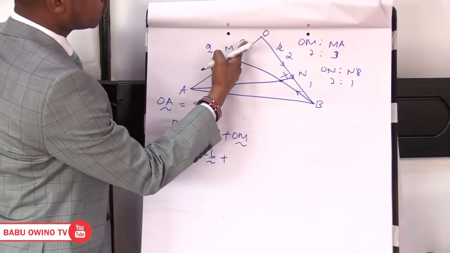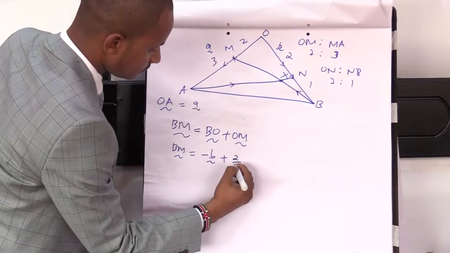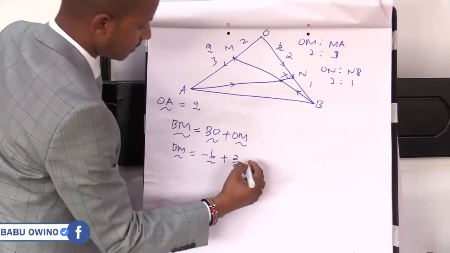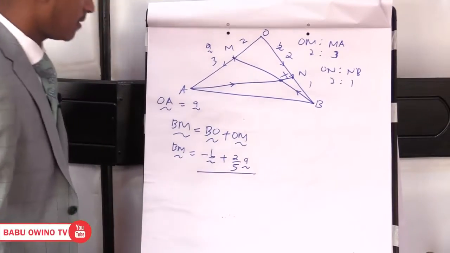OM is 2 over the total ratio, 5, of OA, but OA is A. So this is our BM.